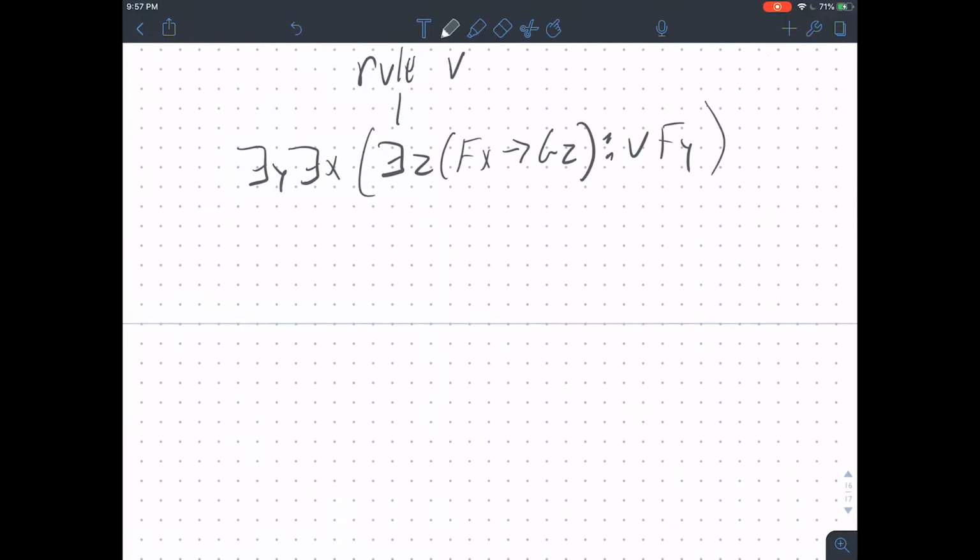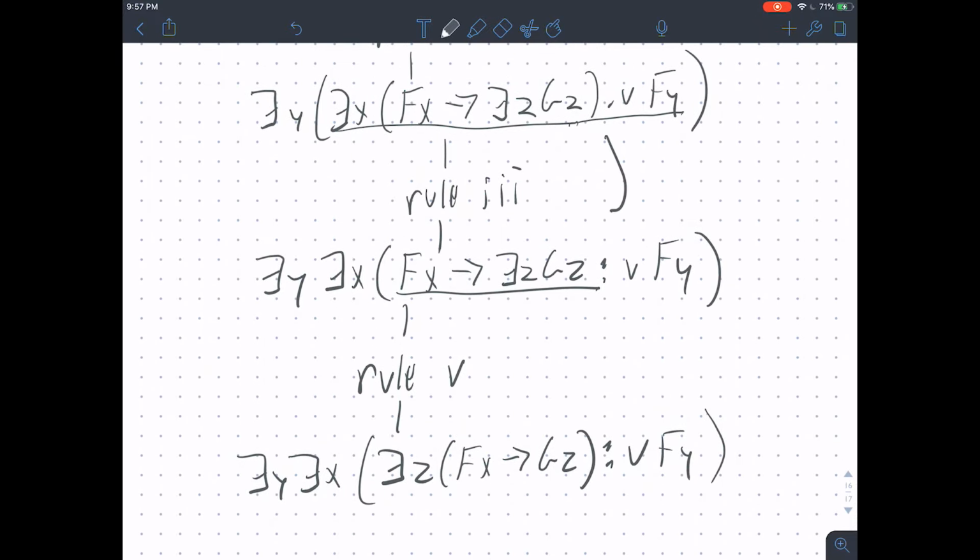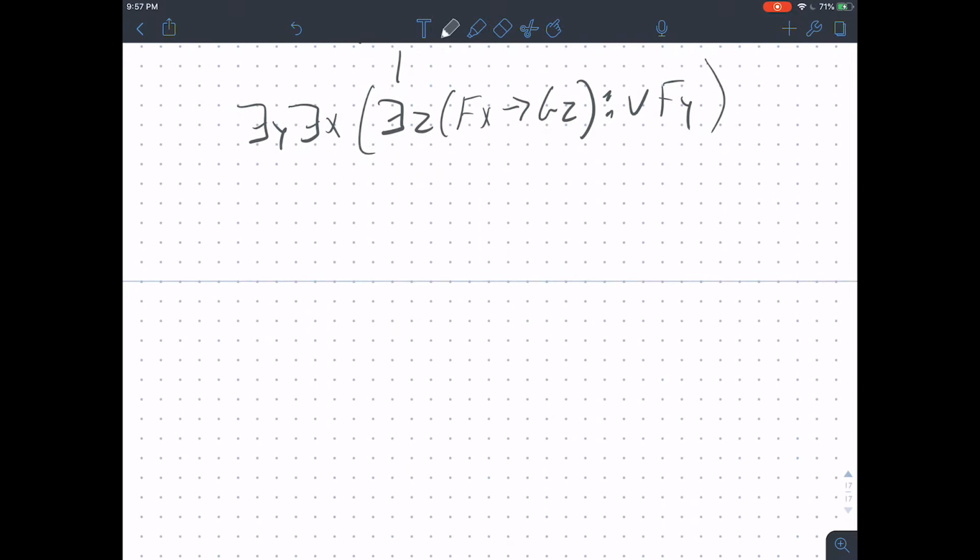Okay. And then we do the same thing we did to go from here to there. We're going to do that again to yank the quantifier governing z out one more time.